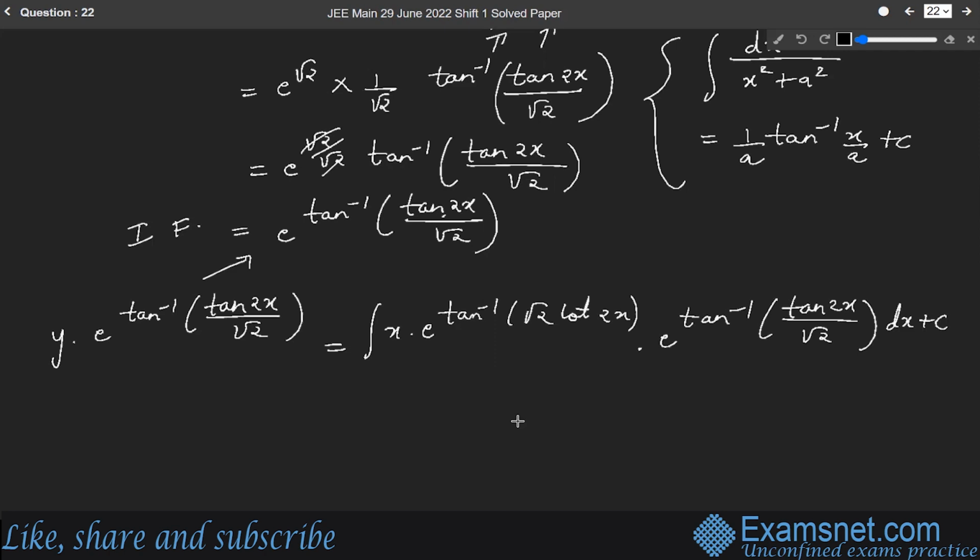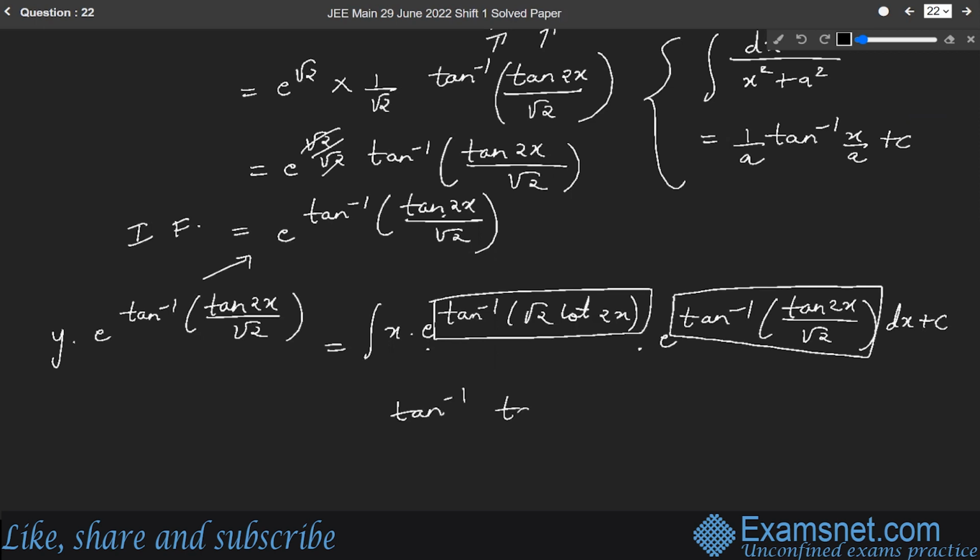Now, listen very carefully. Here, we have two powers of e. So focus on these two parts. Here, the second part is tan inverse tan 2x upon root 2. This part can be written in some other way. We can write this as cot inverse root 2 cot 2x, because tan inverse x is equal to 1 by cot inverse x.